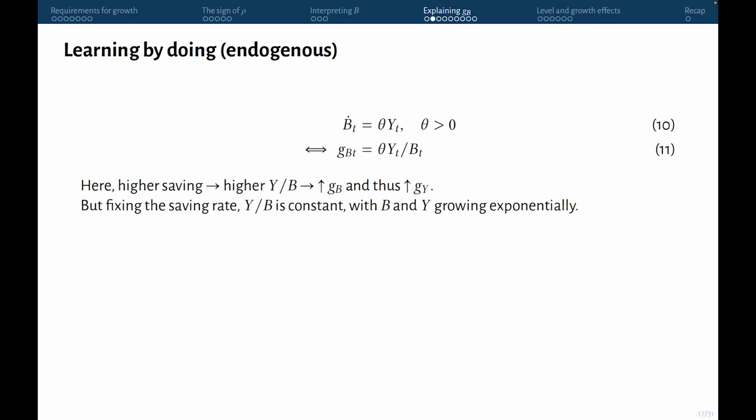But here, unlike in the exogenous technology growth case, saving more increases the steady state growth rate. Why? Not through the direct channel, that higher saving means that we have more capital to produce with. Through that channel, you have this issue, and it's even worse than the Solow case, with capital and labor being gross complements.